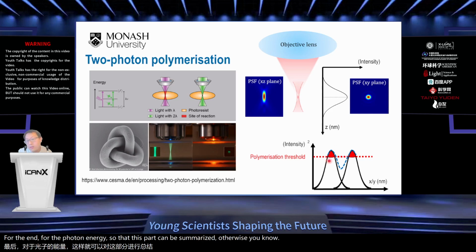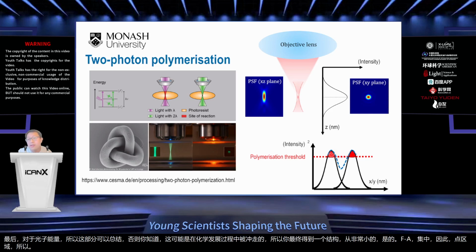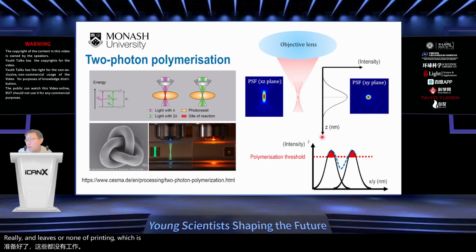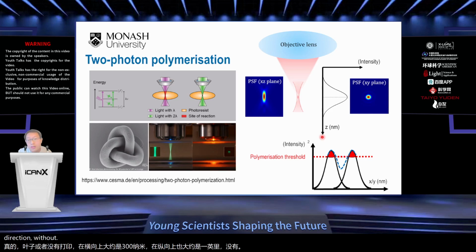Otherwise, it would be washed out during the chemical development process, so you end up with structures from the very tiny PSF centralized in the spot area. That basically defines the resolution of this 3D laser nanoprinting, which is about 300 nanometers in the transverse direction and about 1 micron in the longitudinal direction, without playing many other games.